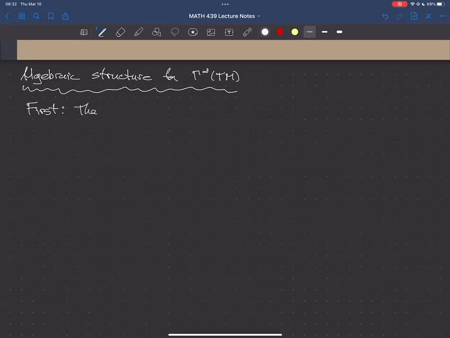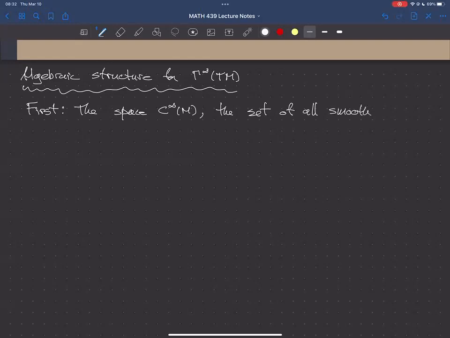The space, and again, I forget if I introduced notation for this, but here it is. C infinity of M, which is the set of all smooth functions.